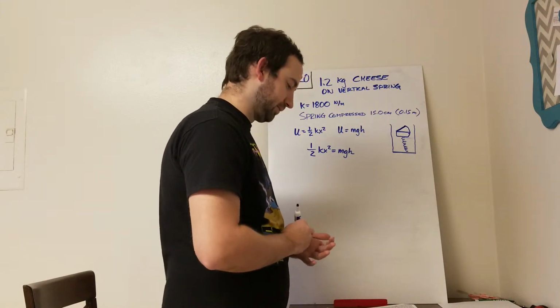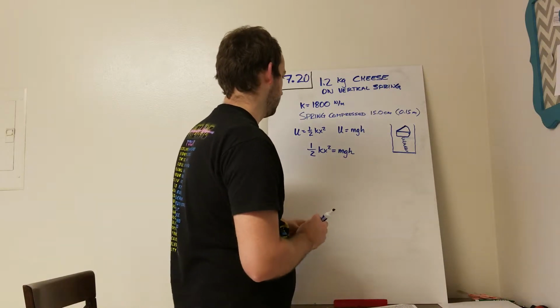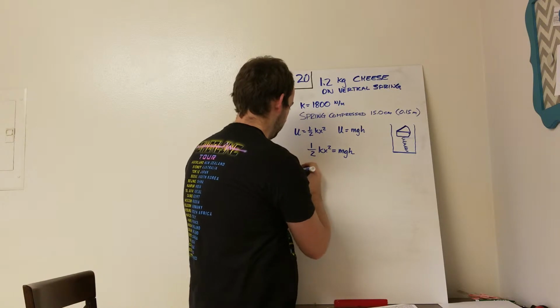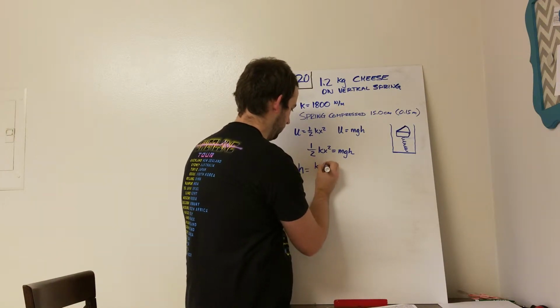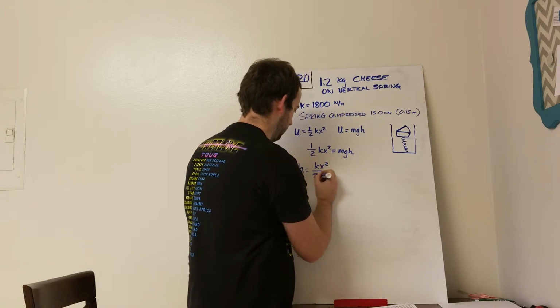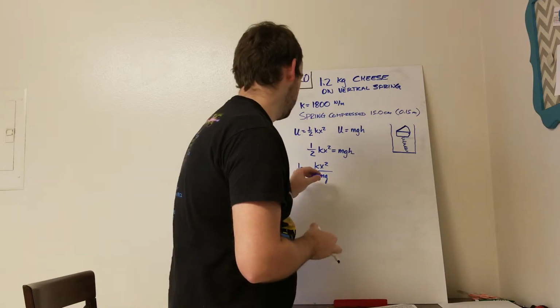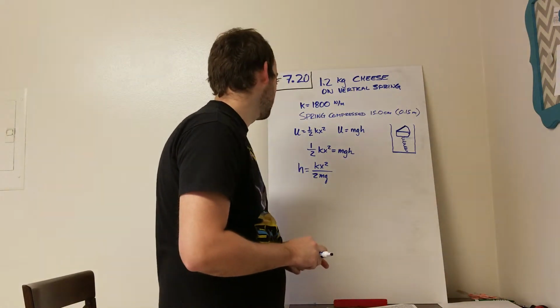So now what we need to do is isolate the h. It's really simple, divide over the mg. We end up with h equals kx squared over 2mg. Now we have manipulated the equation to solve for h.